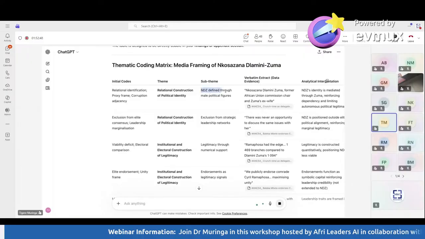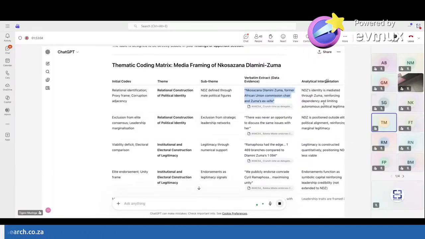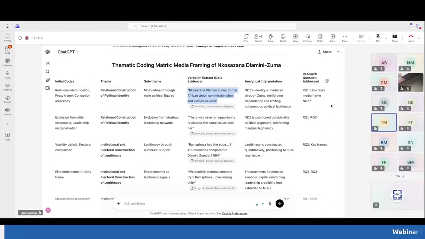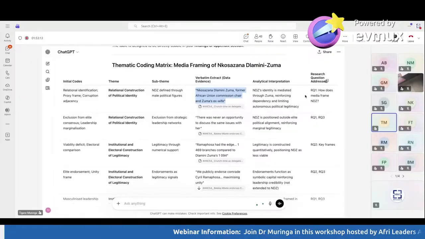Then the sub-theme is NDZ defined through male political figures. Then these are the verbatims from the data. Then this is the analytical interpretation. So NDZ identity is mediated through Zuma, reinforcing dependence and limiting autonomous political legitimacy. Then it says this theme answers research question number 1.